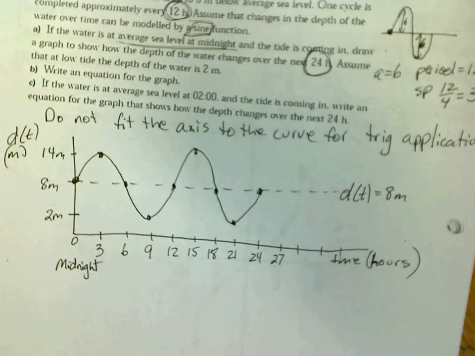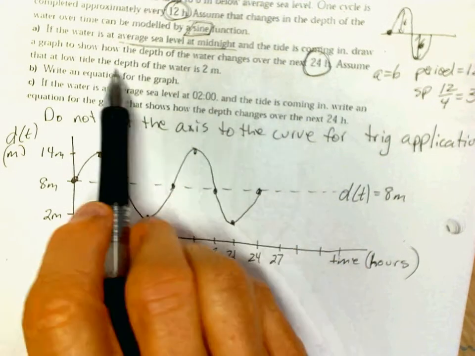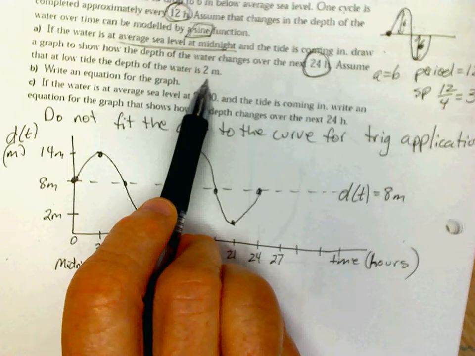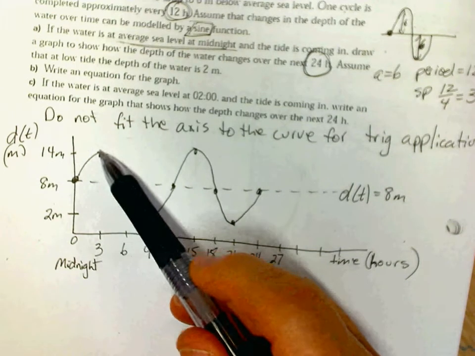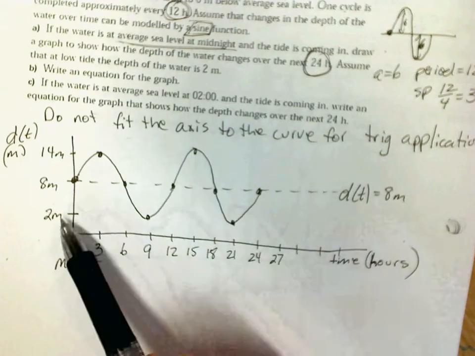Where do you get the 2 meters? They told us that low tide is a depth of 2. And we know it goes 6 up and 6 below, so add 6, add 6.